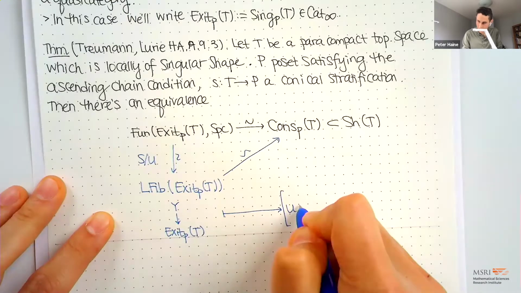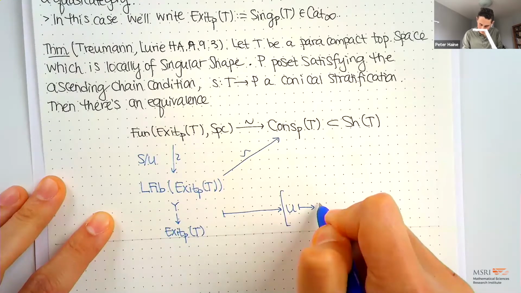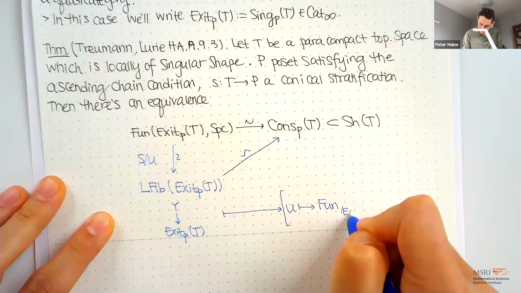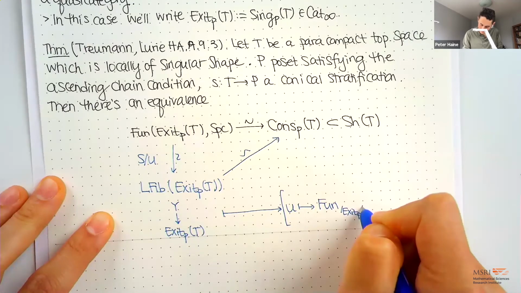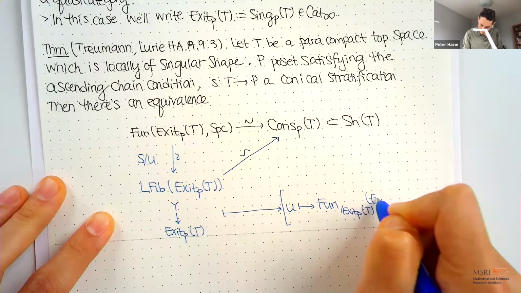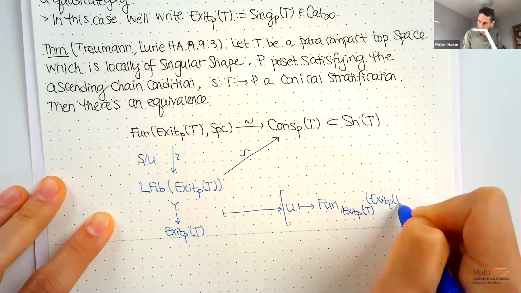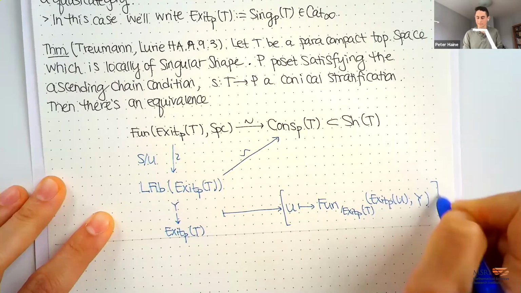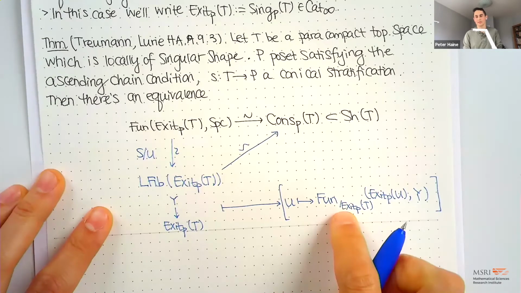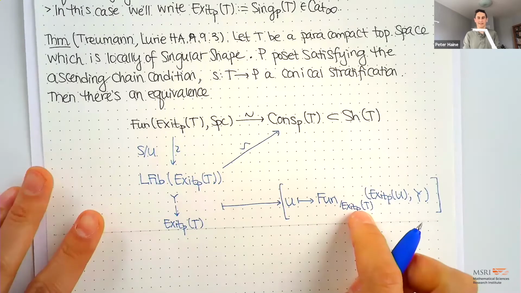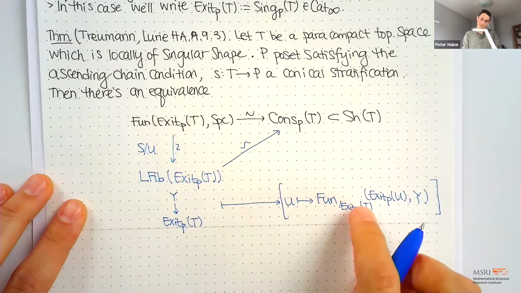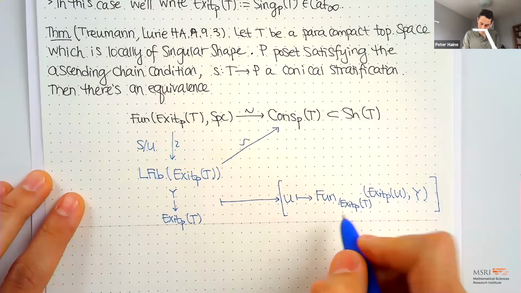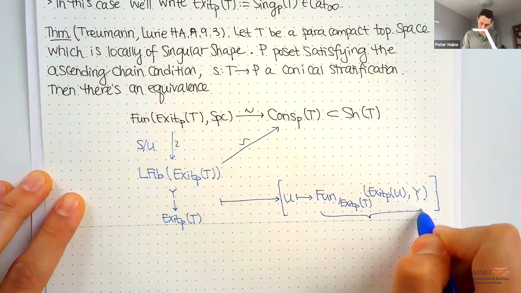So U goes to functors over exit P of T from exit P of U to Y. Now it turns out, maybe a fun exercise to think about why this is true just from the definitions, that this is actually an infinite groupoid. Everything's invertible.